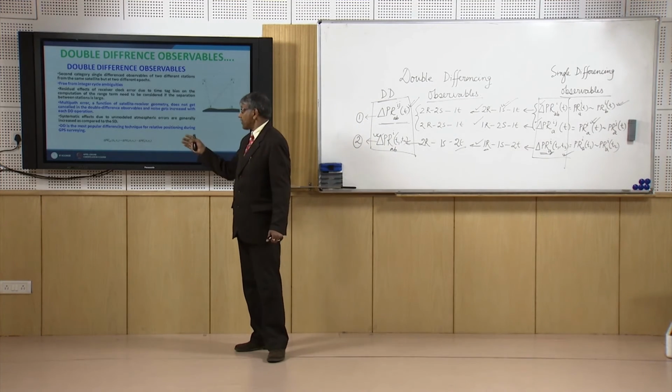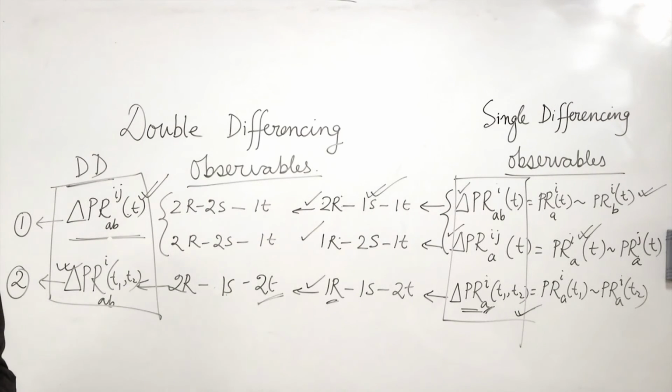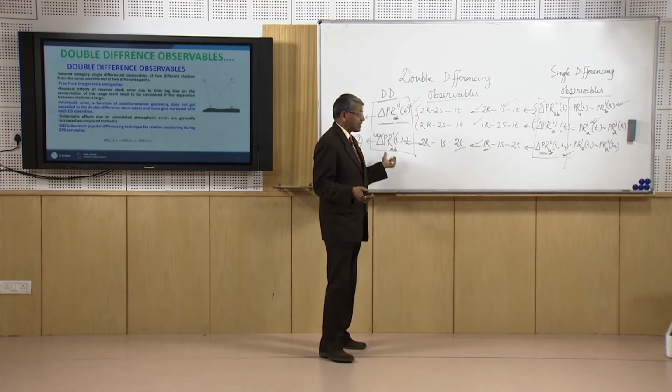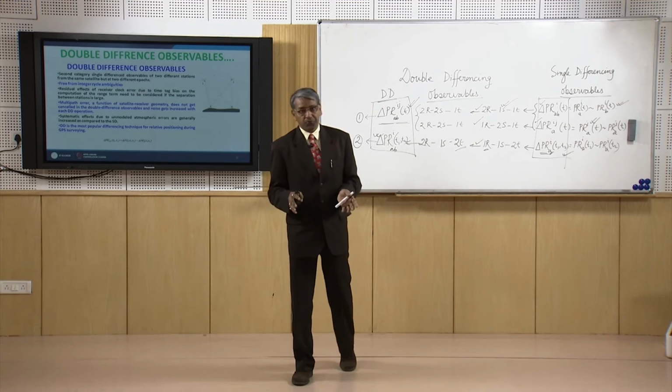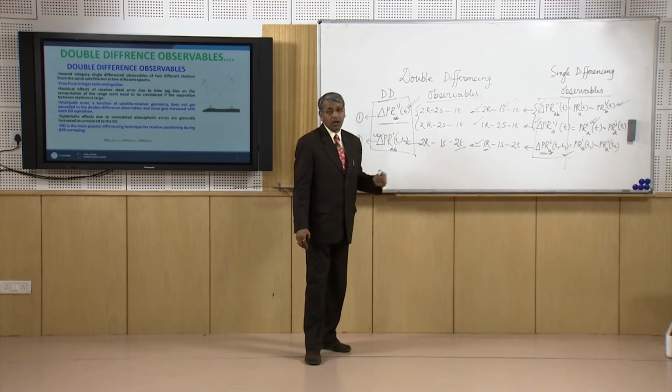So double differencing observables are very important for our GPS surveying, and for precise positioning specifically we should consider the double differencing observable.